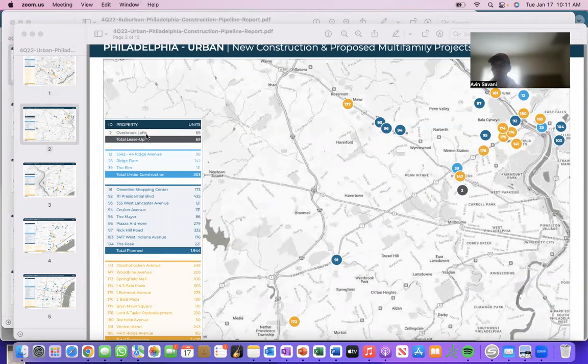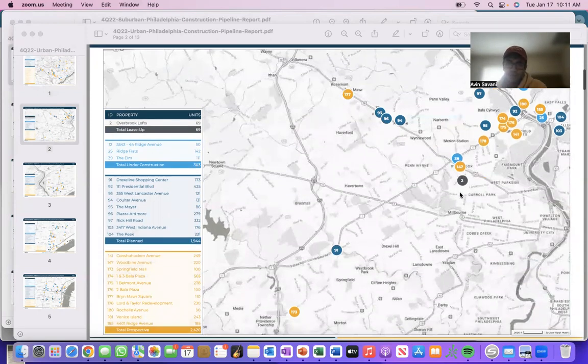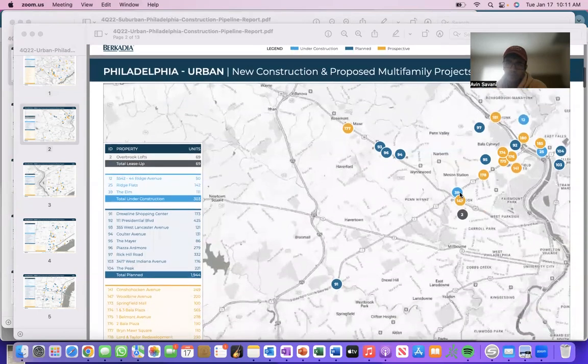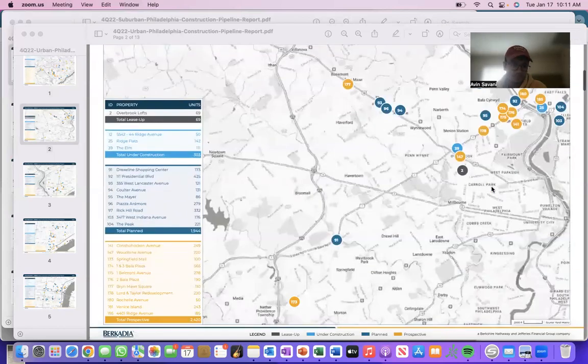Once it's already constructed, your marketing department is going to start doing marketing strategies to attract tenants. So this one, number two, is in the lease up phase. A lot of good activity here in Bala Cynwyd. That's a great market. So yeah.